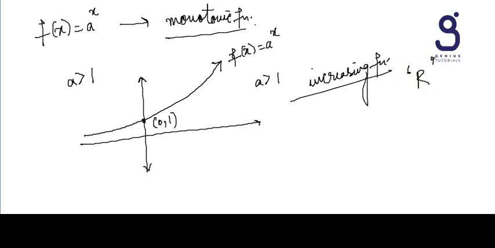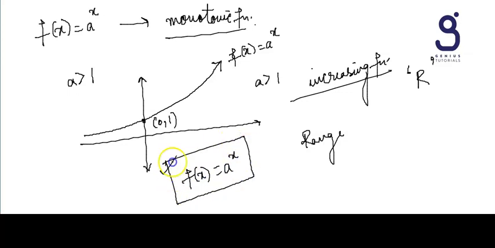This is defined everywhere. Can you tell me what will be the range of this function? Now the exponential function f(x) = a^x will never be negative. You can substitute any value of x, you will never get a negative value. So what will be the range? Its range will be 0 to infinity.